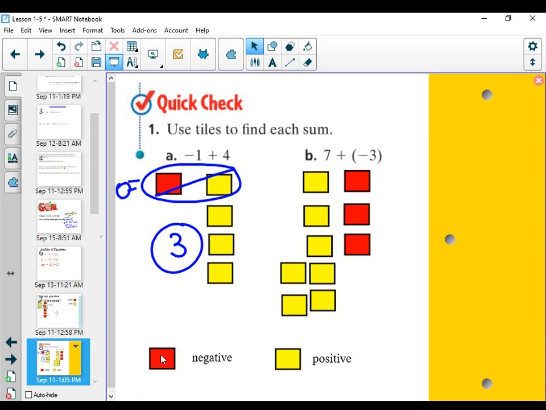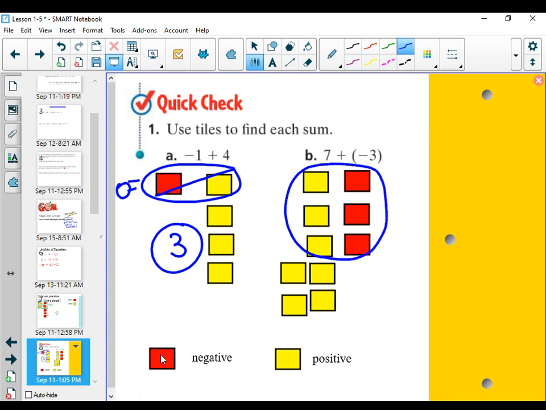Three positives and 3 negatives. I'm adding an equal amount of opposites. These are equal to 0. What's left? 1, 2, 3, 4 positives.